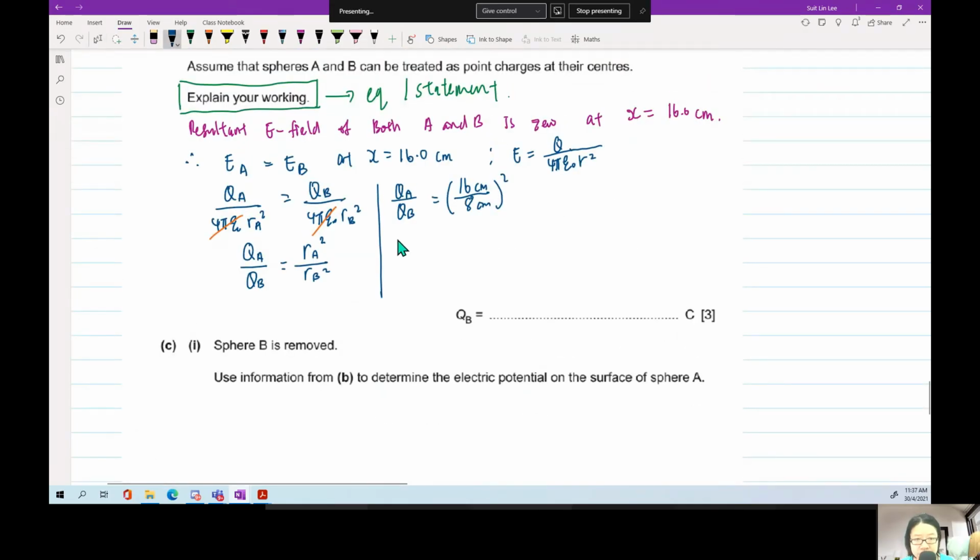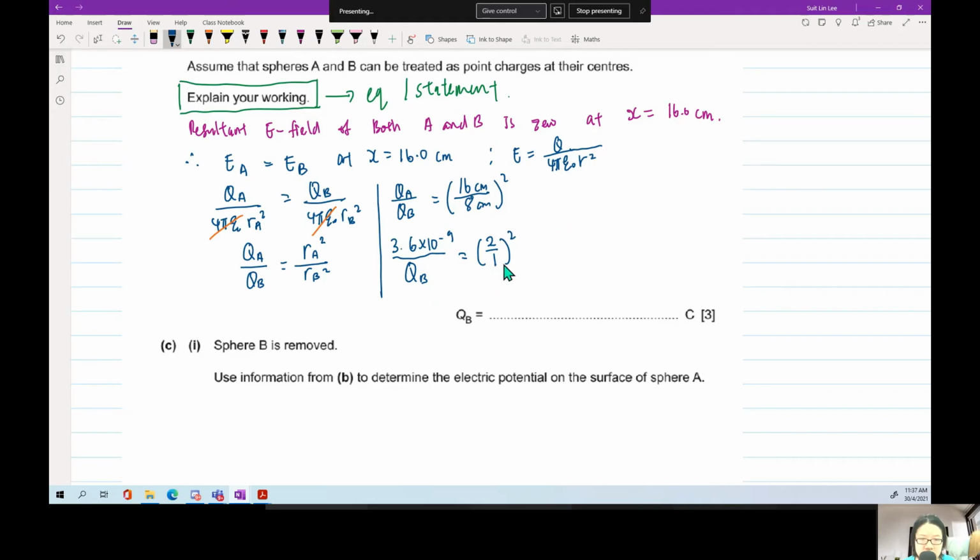We have QA, right? QA is 3.6 times 10 to the power of negative 19. You can check negative 9, sorry. You can check the top part because I have the question beside my face now. QB, you're looking for it. And this one would be 2 over 1 square.